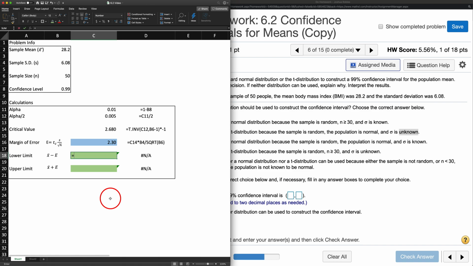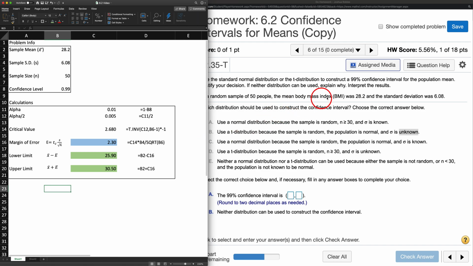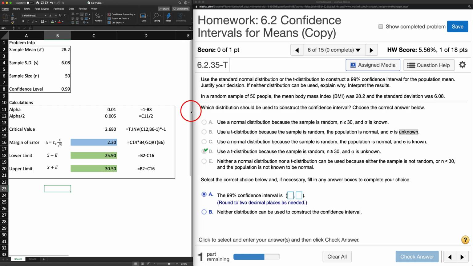The lower limit of the interval is going to be our sample mean minus the margin of error. And our upper limit is going to be the sample mean plus the margin of error. So in the sample conducted, the mean body mass index was 28.2, which is our best individual estimate for the population.